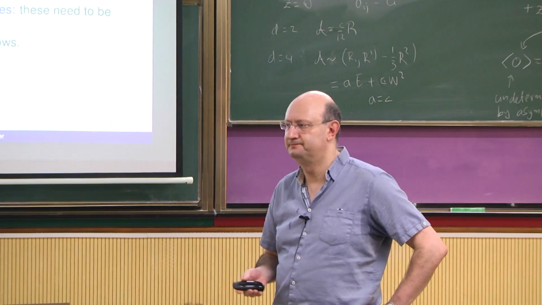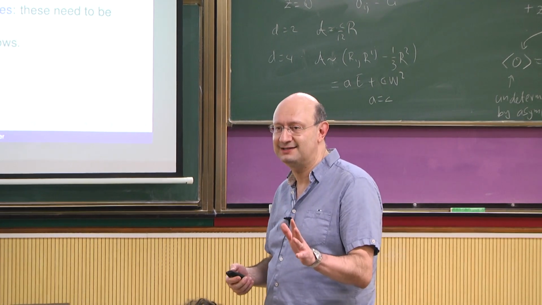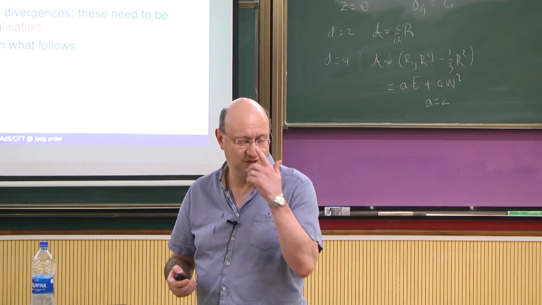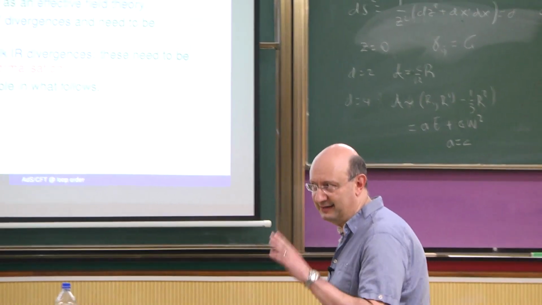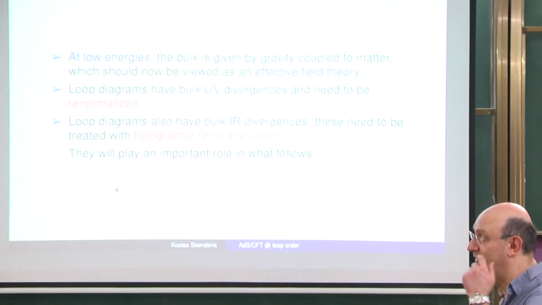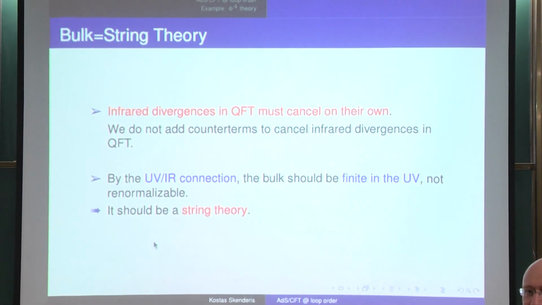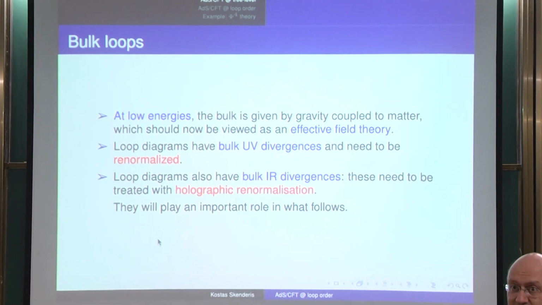Okay, are we ready? Okay, so to recap, we discussed how to do tree level, and we can come back to tree level when we discuss correlators in the example. But now we're going to try to switch into loops. So in this slide, I argue that the bulk is a string theory, and string theory doesn't have UV infinities.